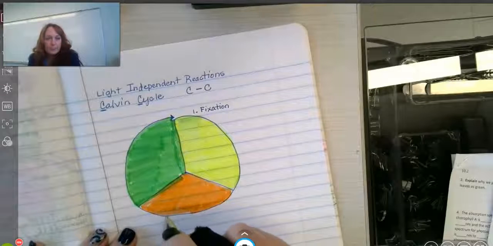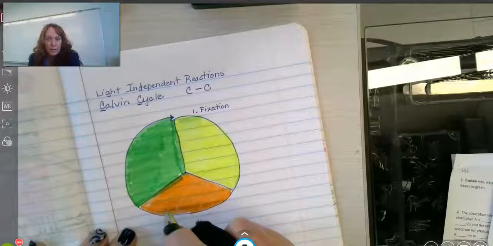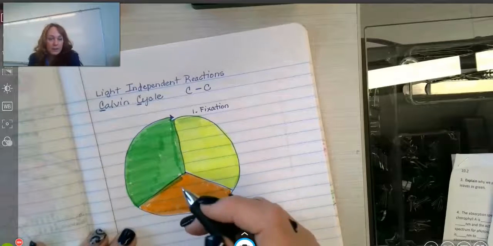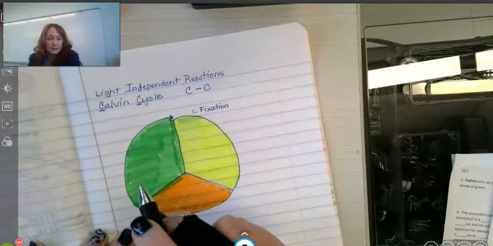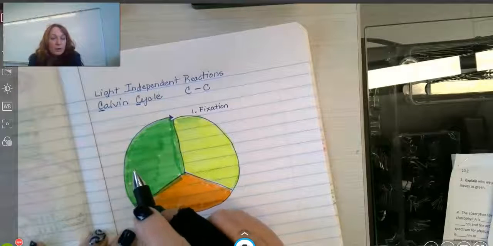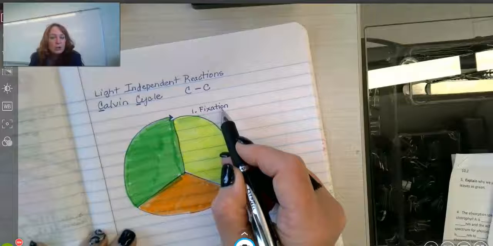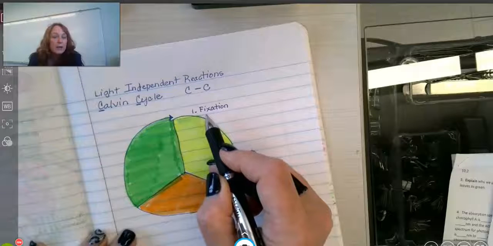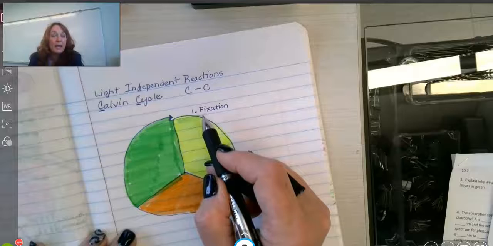I'm pretty sure most people anymore don't know what a fixative is. Like Hunter does, because he's an art major and he knows all about fixatives. Do you know what fixative is? You heard the word? So fixation is the process of fixing. Now, I'm not fixing as in repairing.